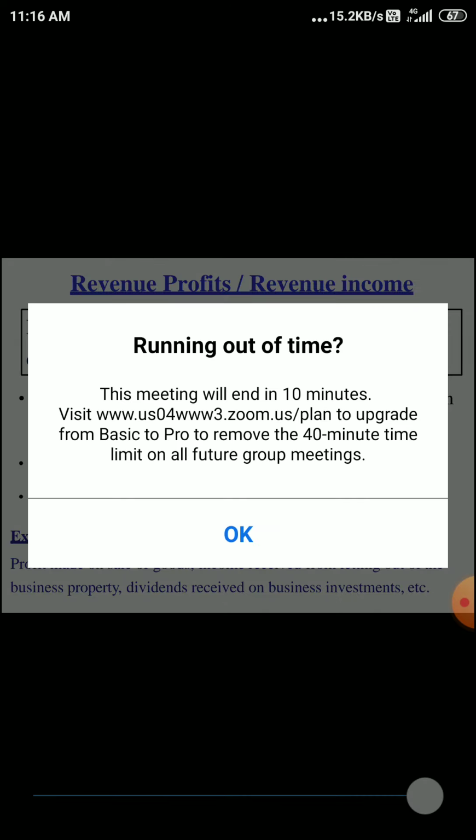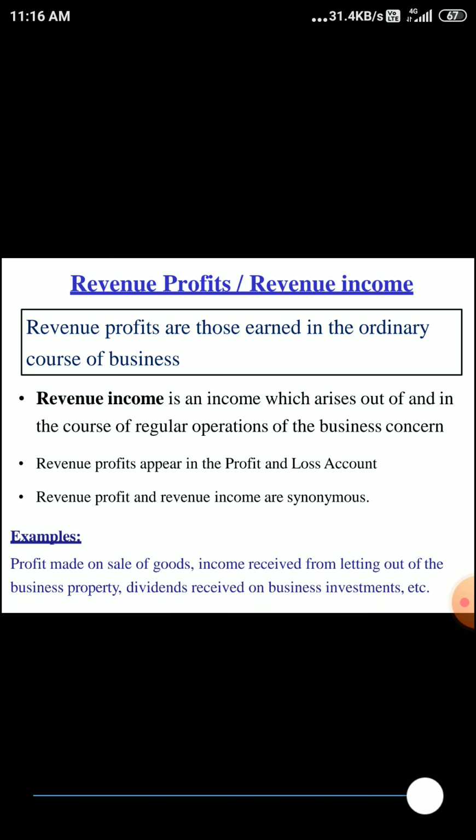Now revenue profit. Revenue income or profit is that earned in the ordinary course of a business. Normal course of a business, ordinary course of a business, you are getting a profit. That is revenue profit. It is an income which is arising out of the regular course of a business, right? So you are going to record this in the P&L account.